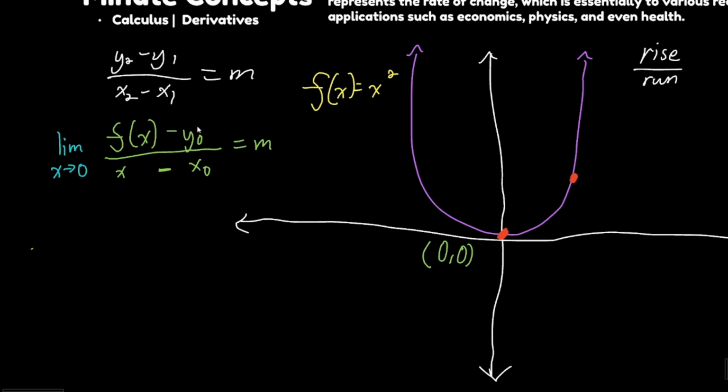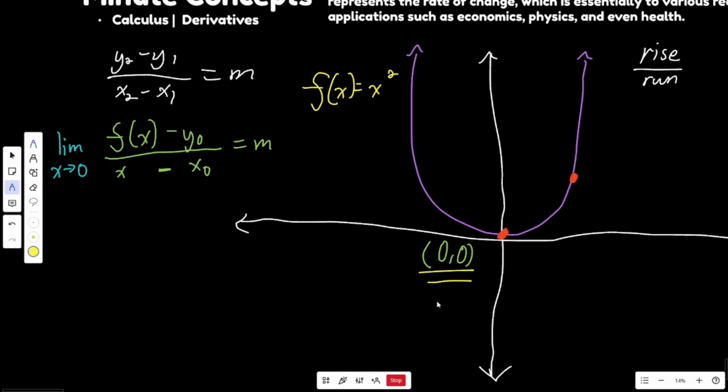But first we have to define what y sub 0 and x sub 0 are. Simply put, y sub 0 and x sub 0 are the coordinates of the points that you actually want to identify the slope of. So for example, we're interested with 0, 0. So 0 in the x is going to be x sub 0. Oops, x sub 0. And the 0 here is going to be y sub 0.